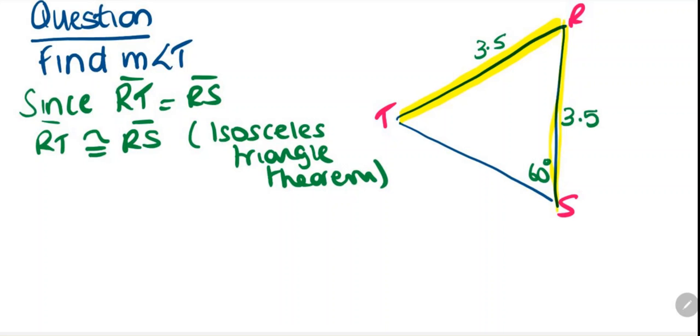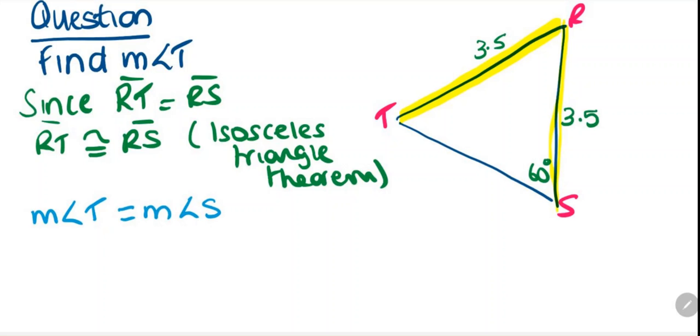Then we can say that the measure of angle T is equal to the measure of angle S.